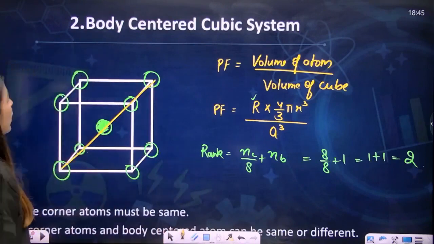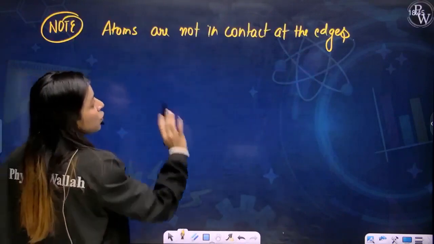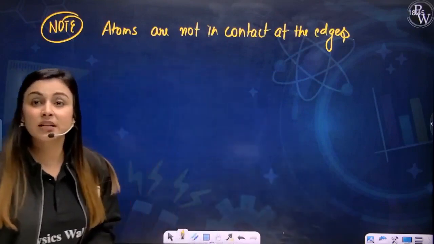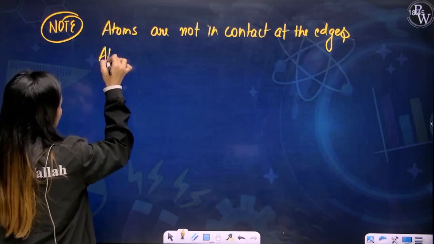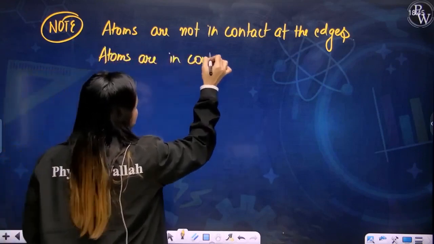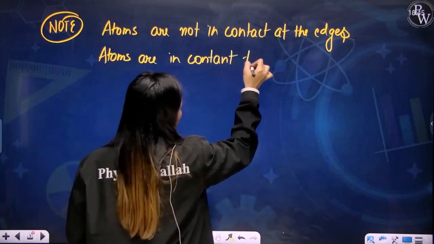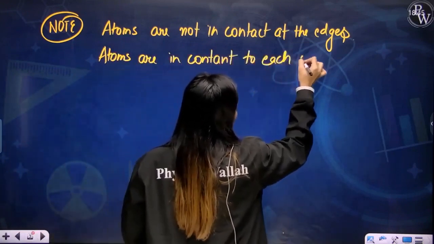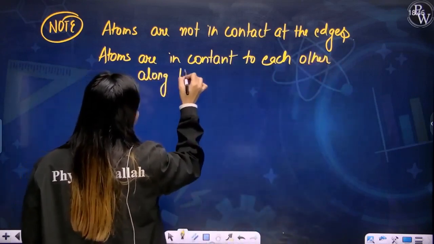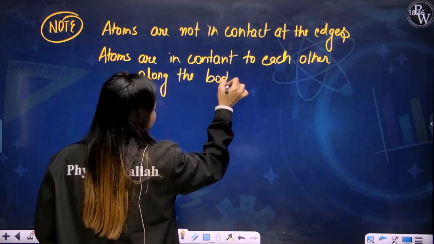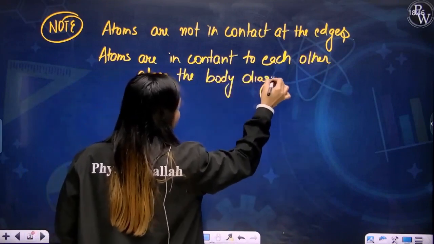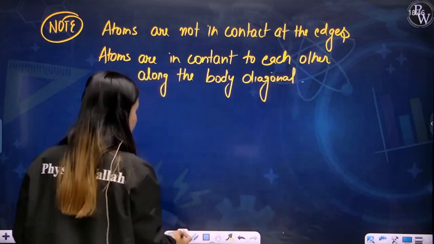So here the atoms are not in contact at the edges. Rather, atoms are in contact with each other along the body diagonal. This is something which you need to keep in mind.